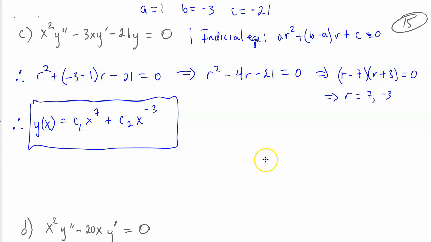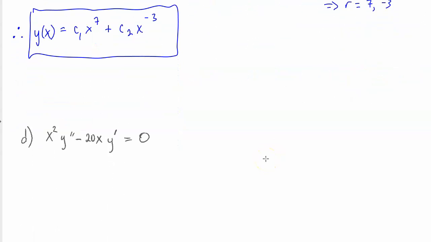All right, so for our next example, we see here that, again, we have a second order Euler-Cauchy. We see we have the equidimensional characteristic happen in the first term, as well as in the second term. But notice that we don't have a third term, okay?